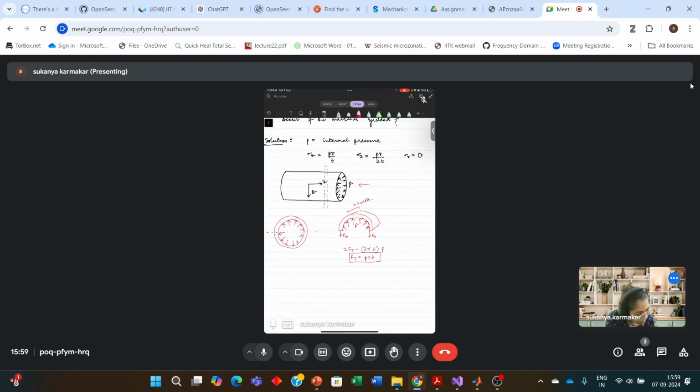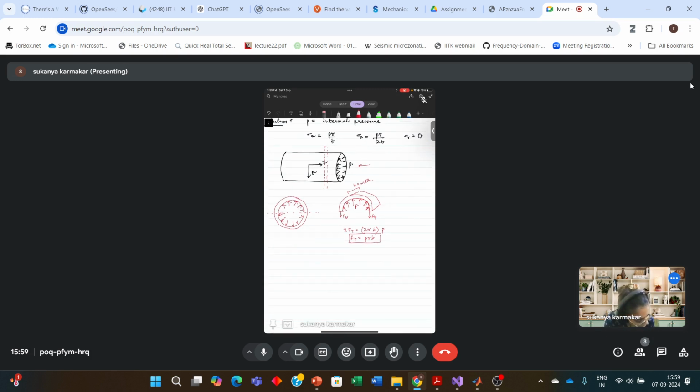You can also write, suppose I look at this much length, this area which I just highlighted. Over this, the Ft force is equal to the sigma theta stress into b into t.